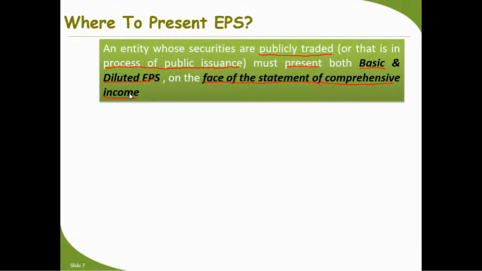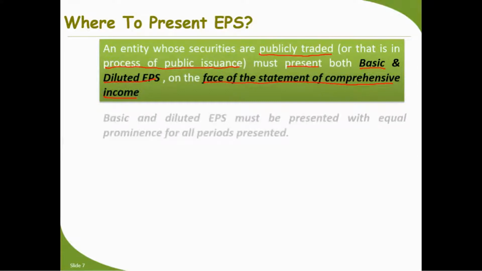You can't present it in your notes to the accounts. Any company which is a public listed company or which is in the process to become one must present both basic and diluted EPS on the face of their statement of comprehensive income.